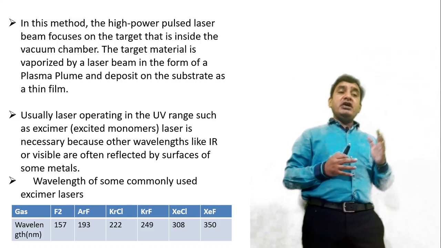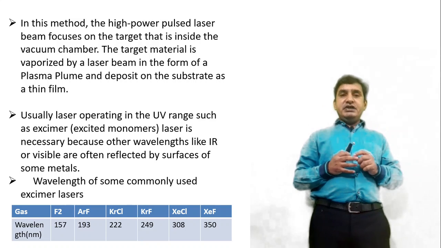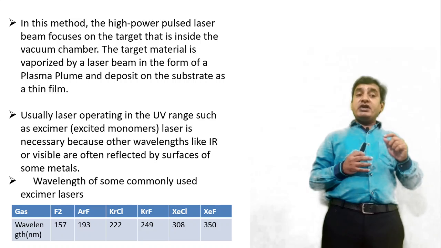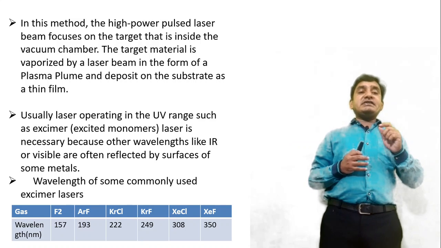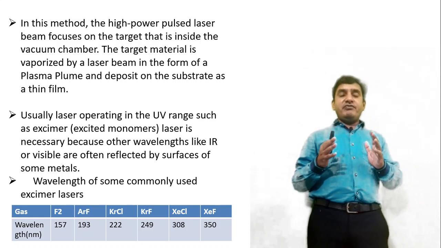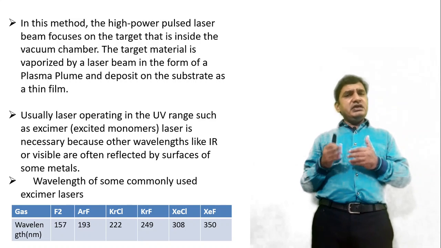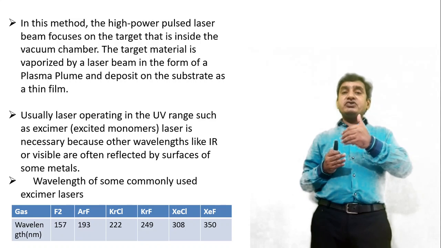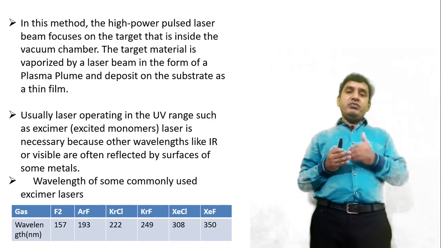Wavelength is in nanometers. F2 is 157, ArF is 193, KrCl is 222, then KrF 249, XeCl 308, XeF is 350. We know that the ultraviolet range is below a wavelength of 300 nanometer.